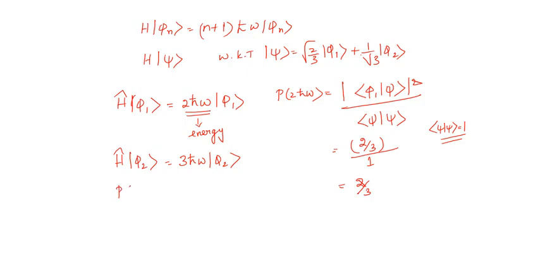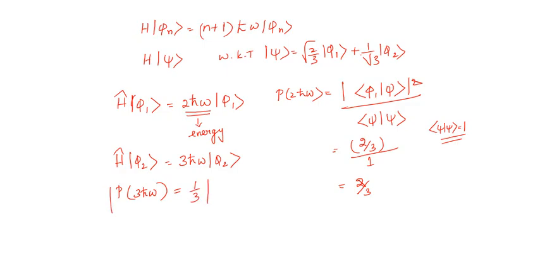Similarly, the probability of getting 3 h cross omega is nothing but, you can simply write the coefficient of this pi 2, squaring the coefficient, 1 by 3.